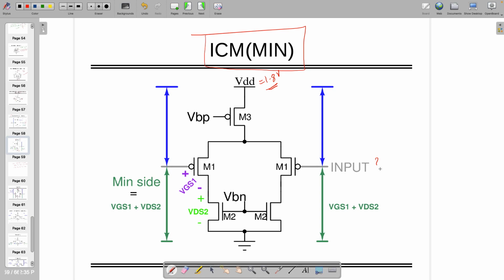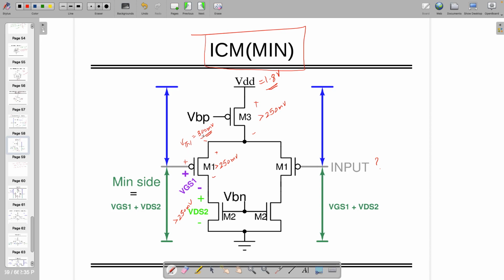I know that this is more than 250 millivolt. This is again 250 millivolt or more than that. This is 250 millivolt. And for VGS1, do you know your VTH? VTH is, let's say, around 300 millivolt.